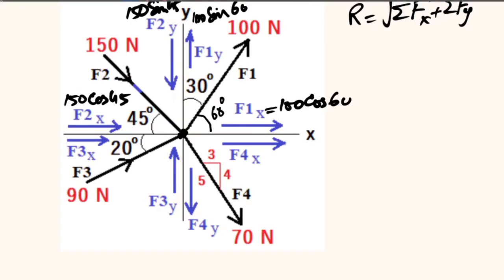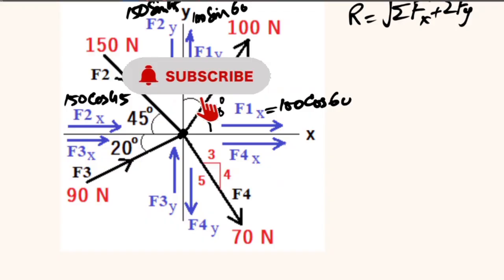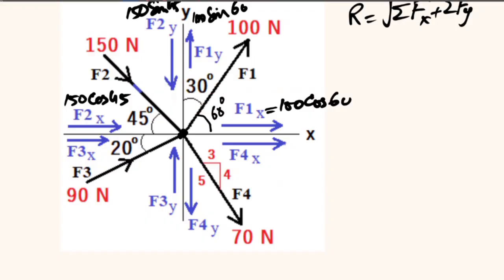Now we come to the third force F3, which is 90 Newton force, and this force is acting towards the point. So the components of this force will also be pointing towards that common point at which all the forces are meeting. So we can say that this F3 will have its x component as 90 into cos 20, and y component will be 90 sin 20.